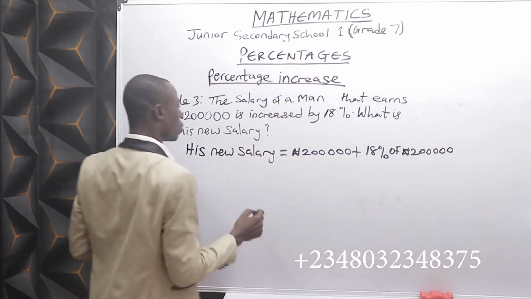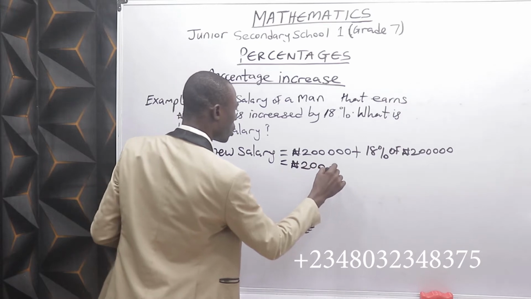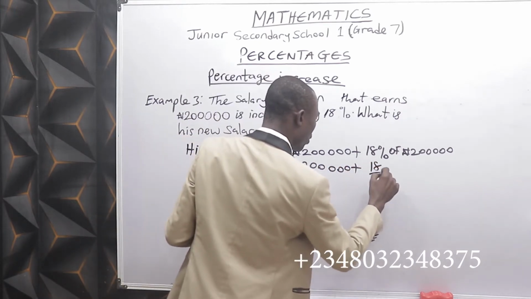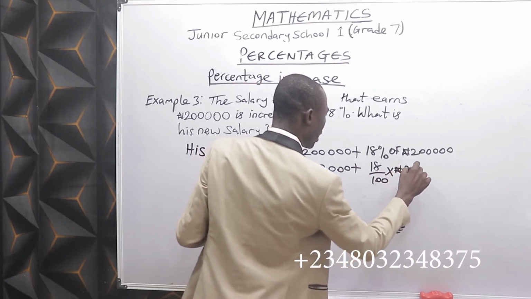That is the second method, which is 200,000 plus 18 over 100 times 200,000.